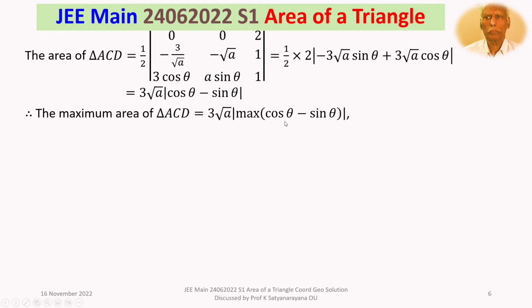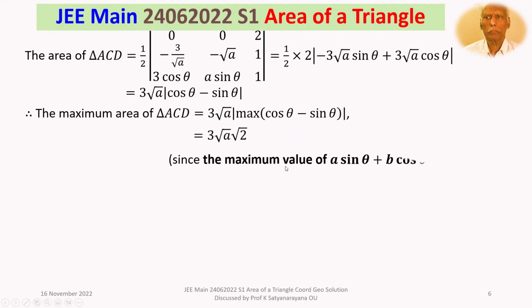The maximum value of cos theta minus sin theta is square root of 2, so that is 3 root a into root 2. Why? Because the maximum value of a sin theta plus b cos theta is under the square root of a square plus b square. Here a is minus 1, b is plus 1, and the square root of a square plus b square is root 2.